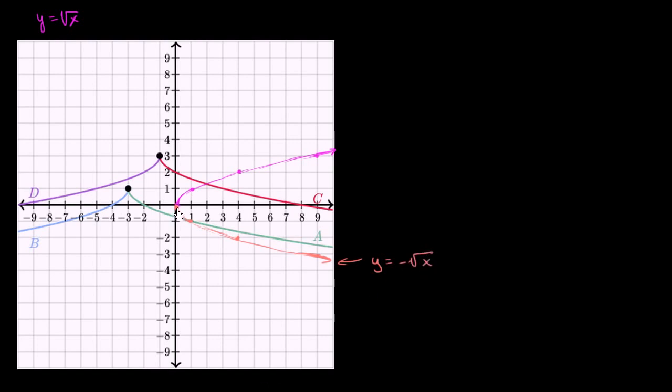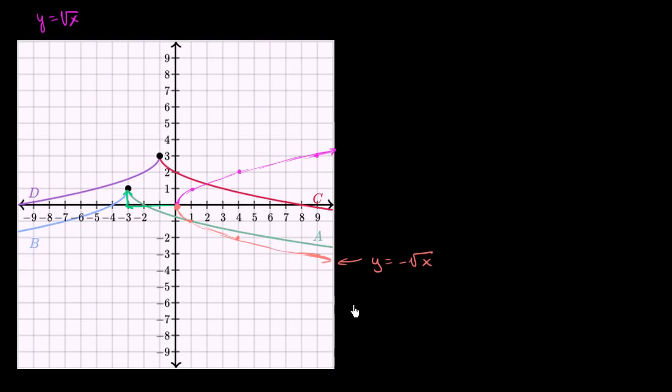Now let's think about how we can shift this thing to look like function A. Well, there's two things about function A that are different. It's shifted to the left by 3, and it's shifted up by 1. And we've seen this in previous examples.